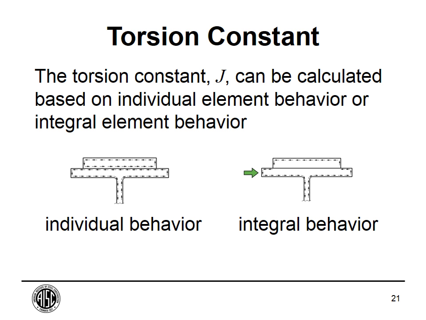So what you get is a bigger moment arm because the maximum stress is here and here rather than in the flange here and here, and in the plate, of course, it's here and here. All right, so you get a much bigger J for the integral behavior.